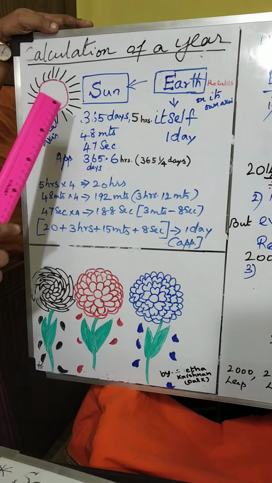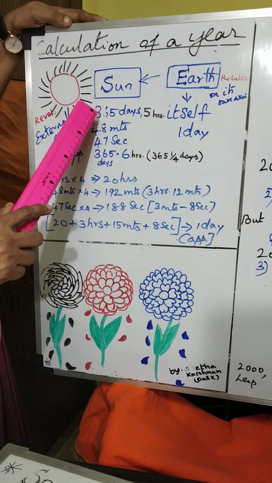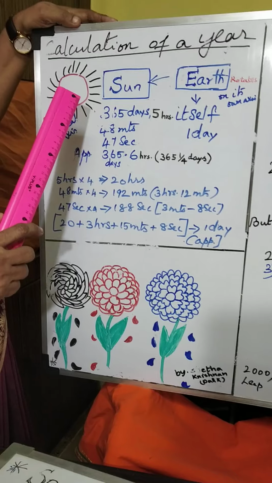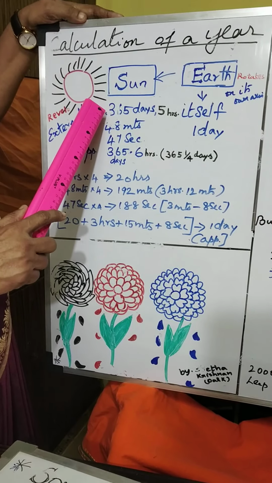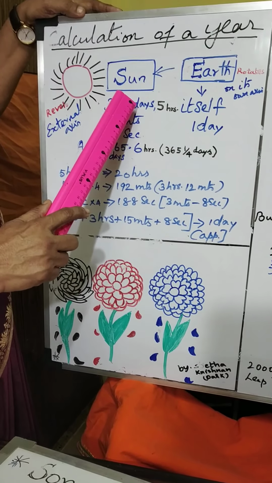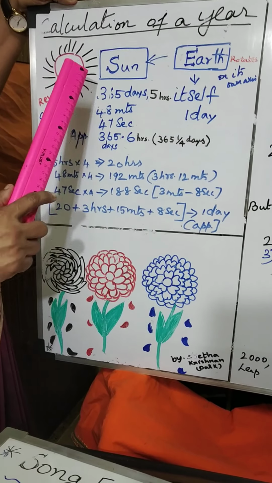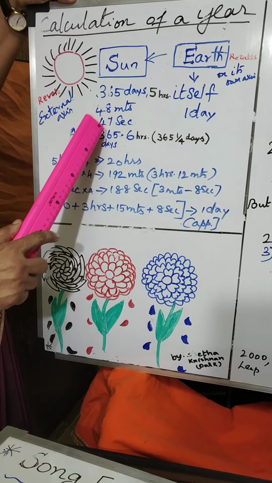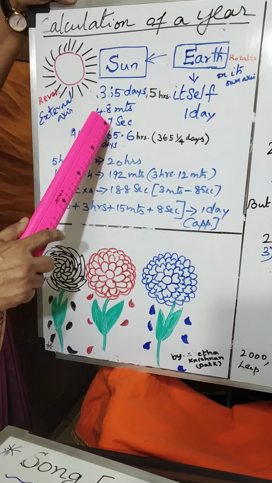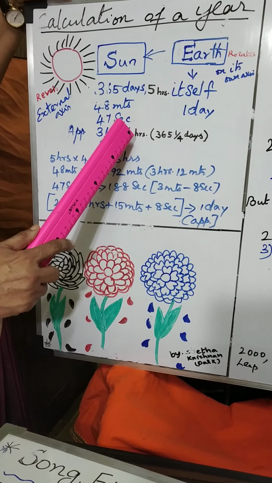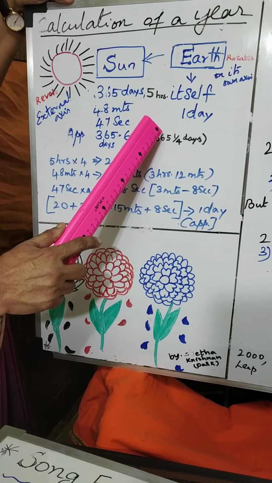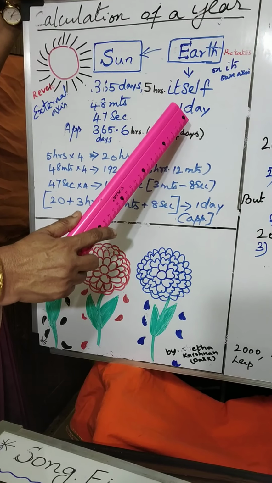I repeat again. To complete one revolution, it takes 365 days, 5 hours, 48 minutes, 47 seconds. We have rounded these minutes and seconds to 365.6 hours. That is 365 and a quarter days.